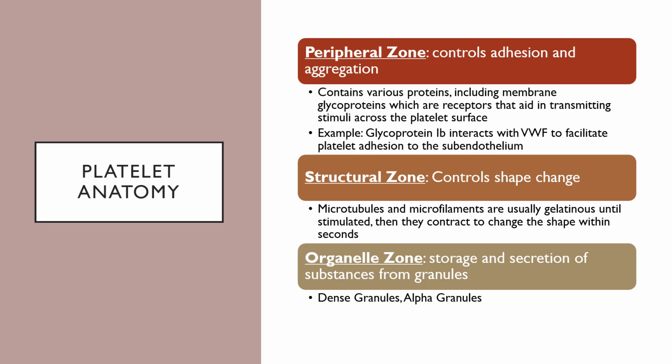And then we have the last zone. This is the organelle zone, and this is going to be very important with regard to platelet function as well. So there is going to be storage and secretion of substances from the granules. So we have dense granules and we have alpha granules in that organelle zone.